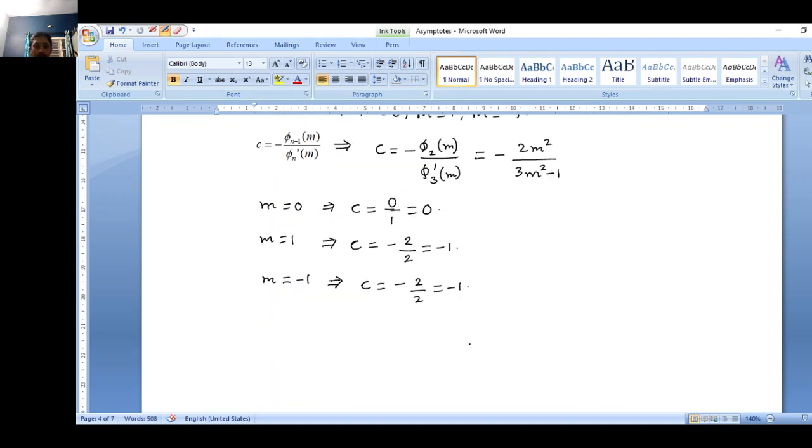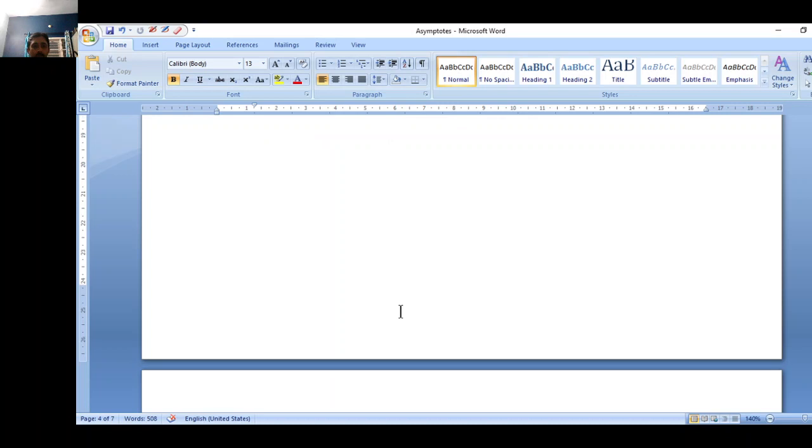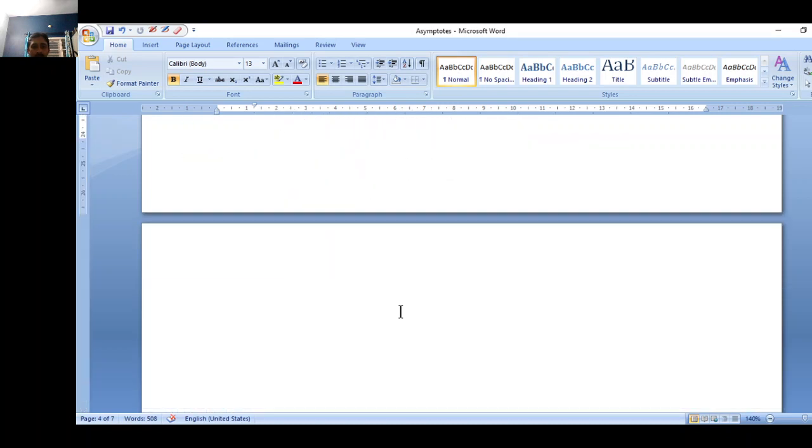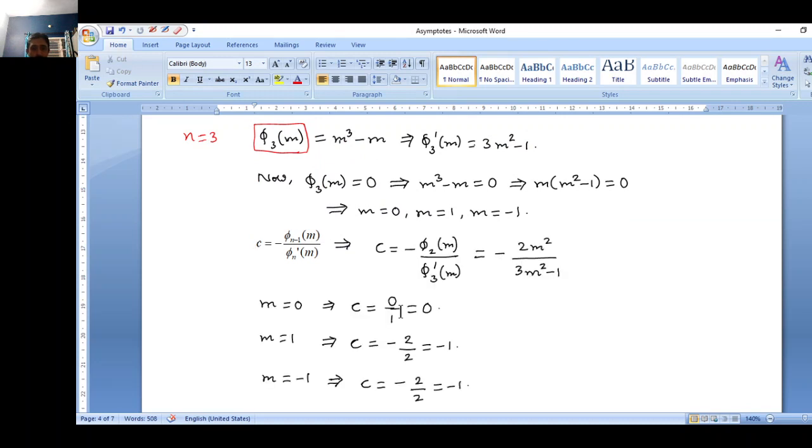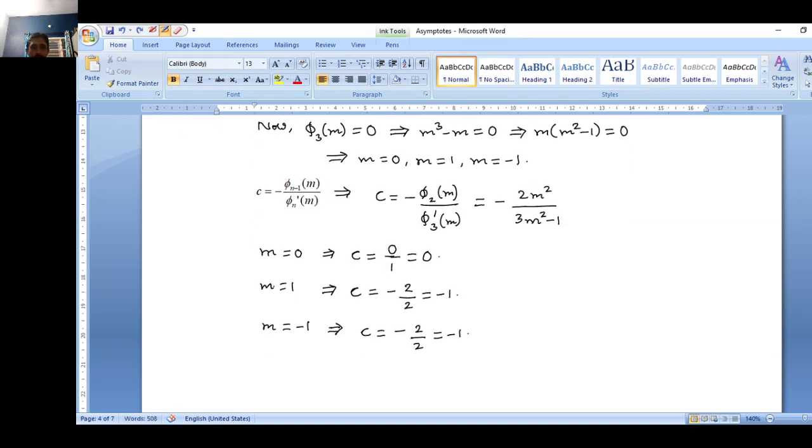Okay, so now we have got m equals 0 giving us C equals 0, m equals 1 giving us C equals minus 1, and m equals minus 1 giving us C equals minus 1.